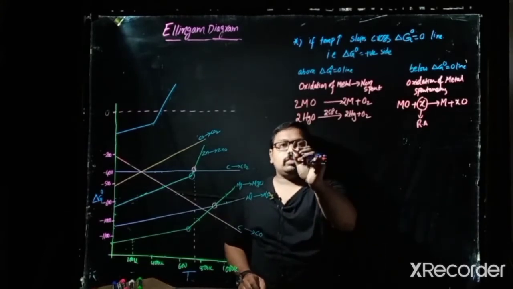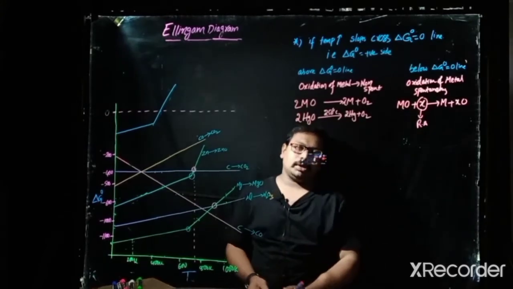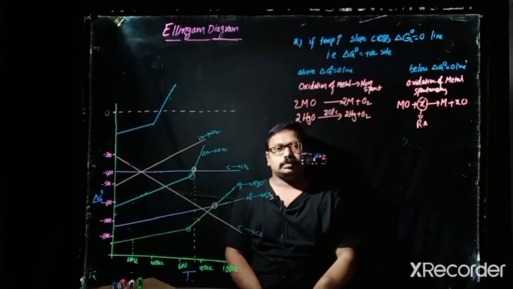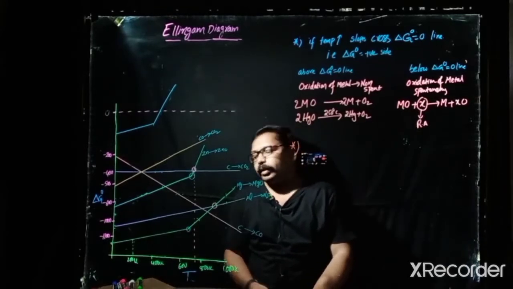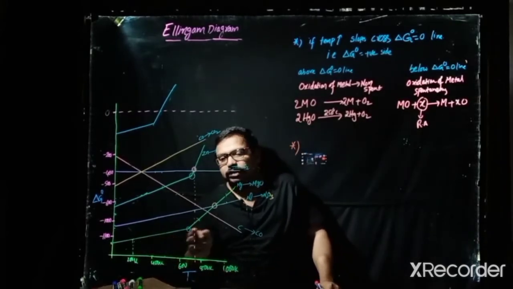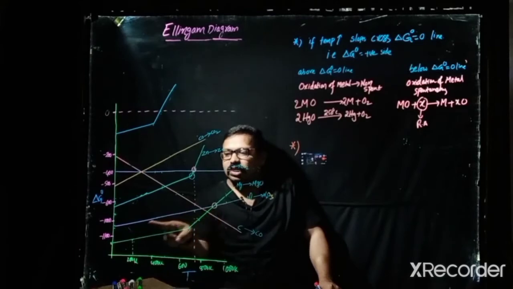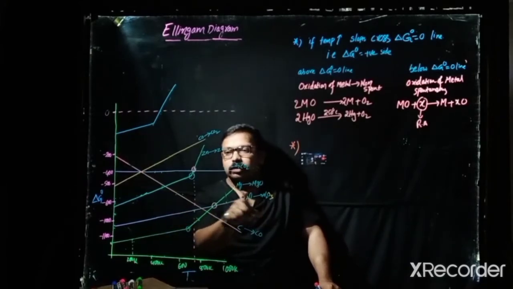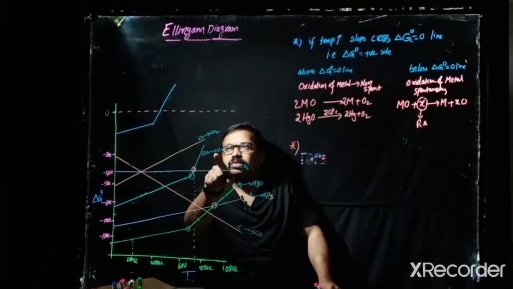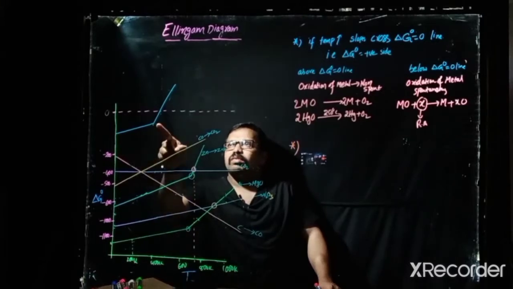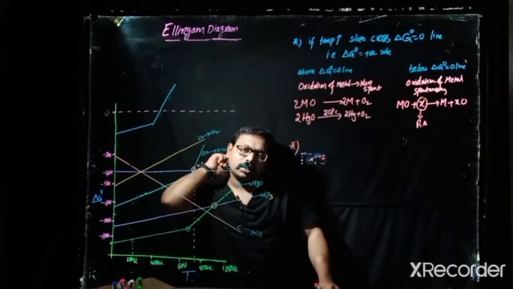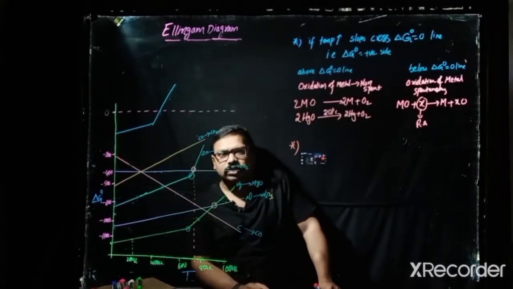Now coming to another point. If you observe, this curve is the oxidation of magnesium, this curve is the oxidation of aluminum, this curve is the oxidation of zinc, and this curve is the oxidation of mercury.